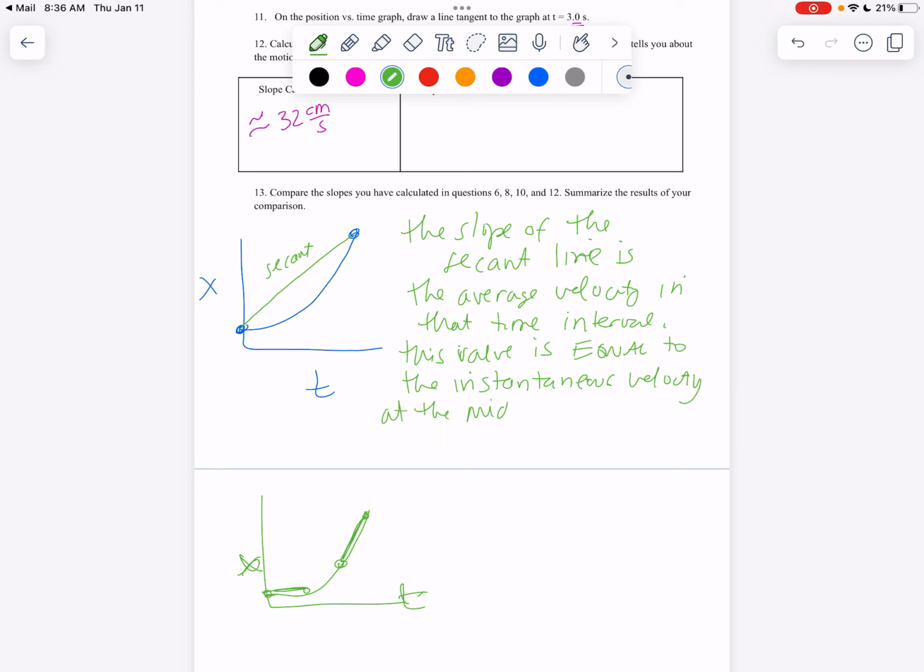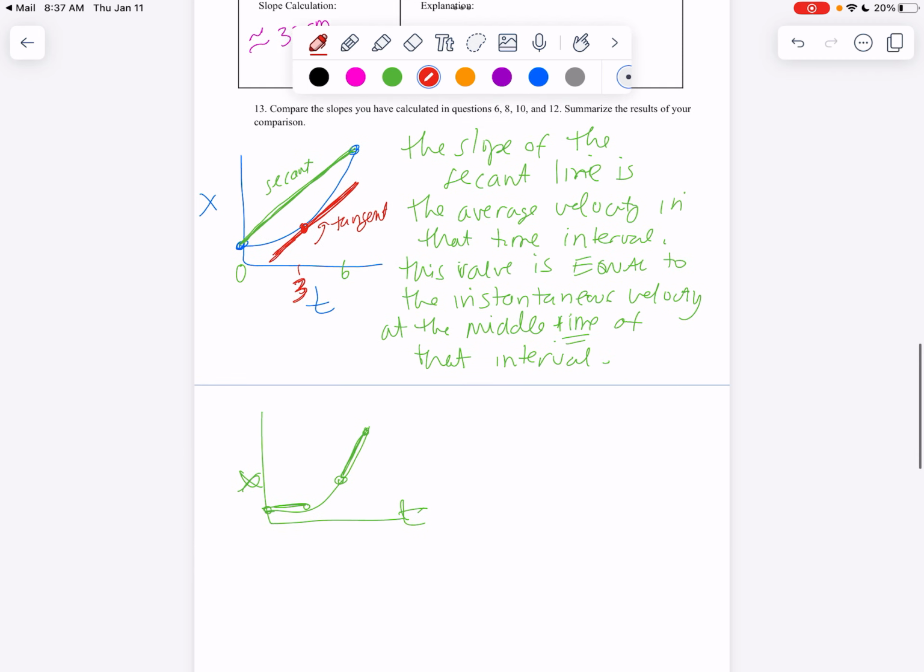So the slope of the secant line, say this goes from 0 to 6 in this case, okay? The slope of this is the average velocity in the interval, which means it's also equal to the instantaneous velocity at the middle time, which in this case is 3 seconds, okay? You can also get that instantaneous velocity from the tangent line. That's a little harder usually. Secant line's a little easier, okay?